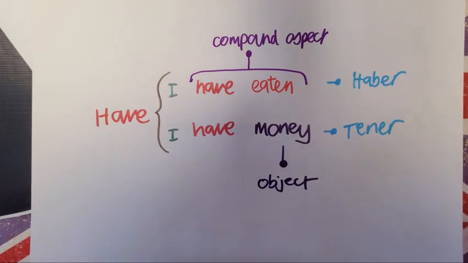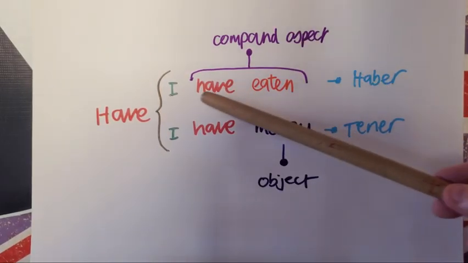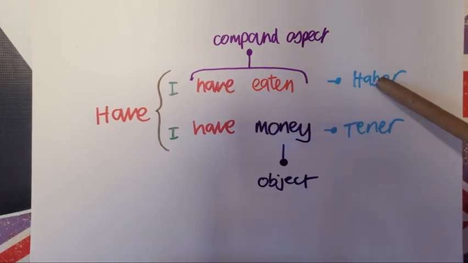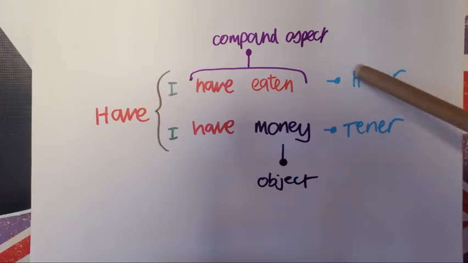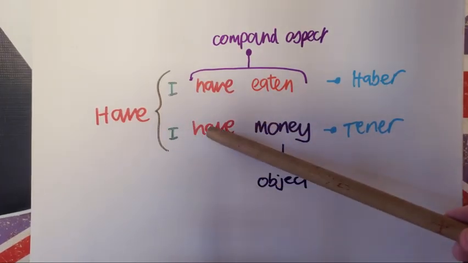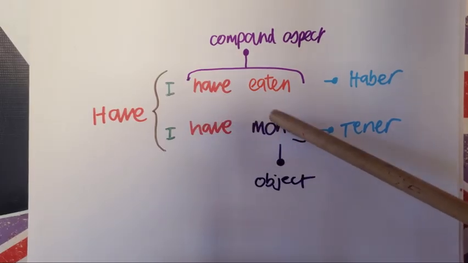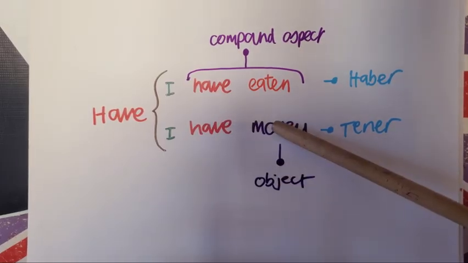So to translate a compound verb, a progressive aspect verb, we use haber. I have eaten, we use the verb haber. I have money, using this object, money. Money is not part of the verb. Money is the object, unlike here.